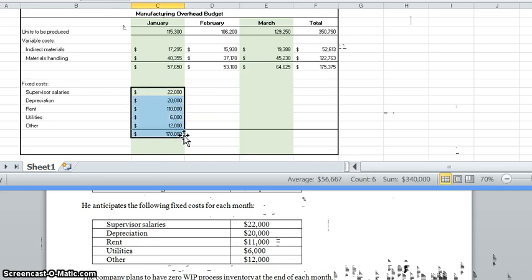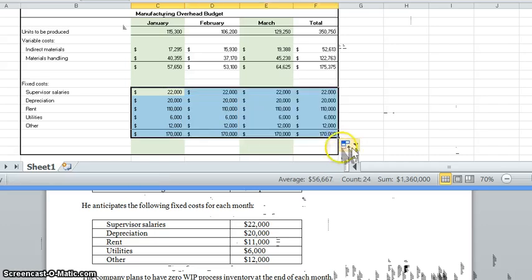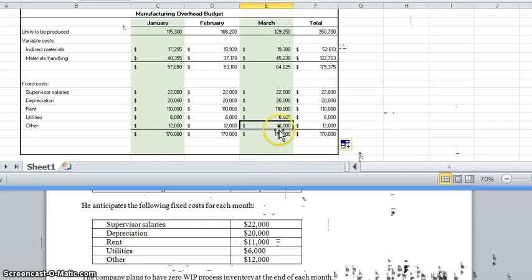And then sum them up. And then for our total columns, add them all up. There we go.